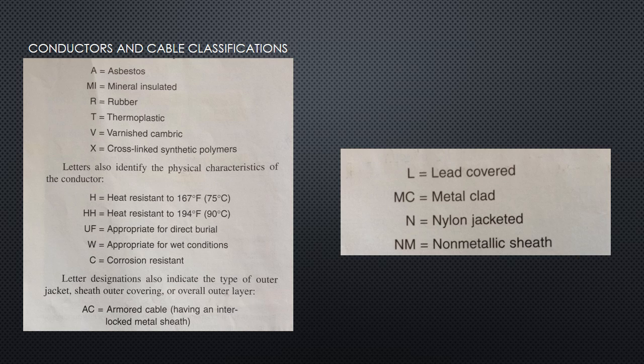For example, THHN is a conductor having a thermoplastic, high heat resistance of 194 degrees Fahrenheit insulation and nylon or equivalent jacketing. THW indicates a thermoplastic, heat resistant insulation that can be used in wet locations. UF is suitable for underground or directly buried feeders. USE is underground service entrance cable.